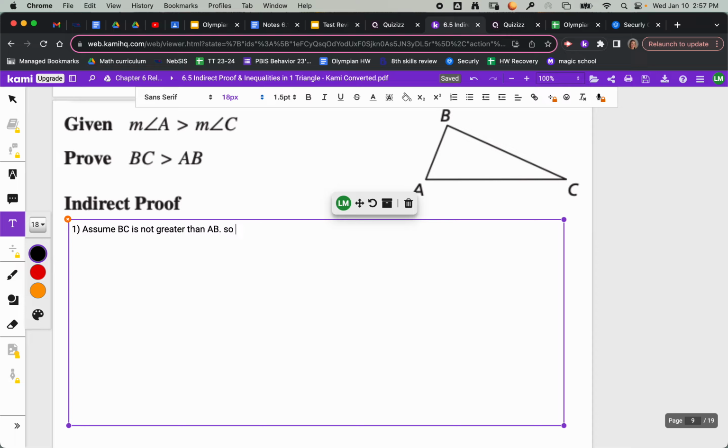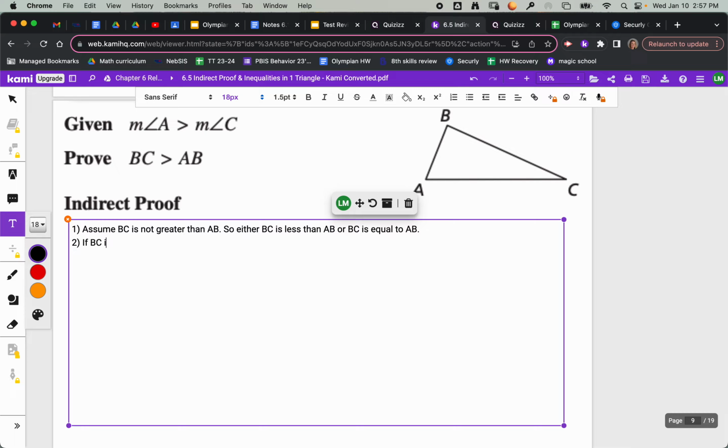So we can either have BC is less than AB or BC is equal to AB. Okay? Step 2, reason logically until you get a contradiction.